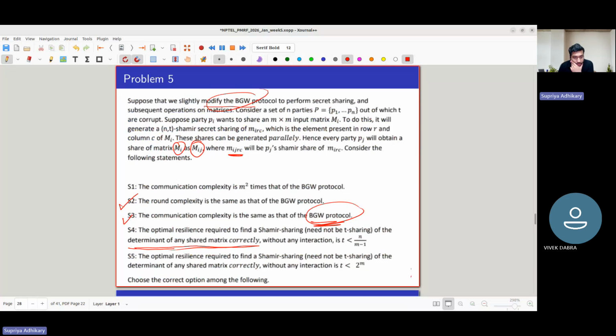We have to find the optimal resilience for the semi-secret sharing. Optimal resilience means the number of parties who cannot generate the secret.